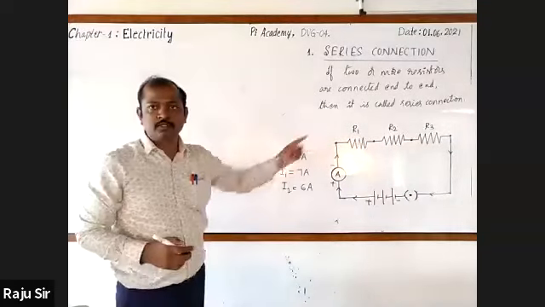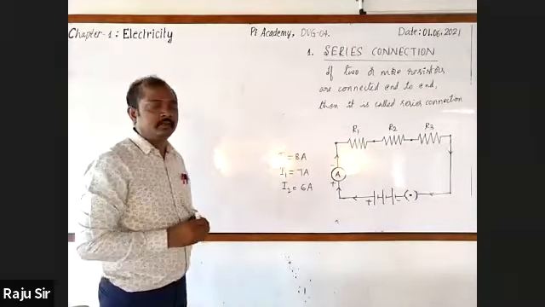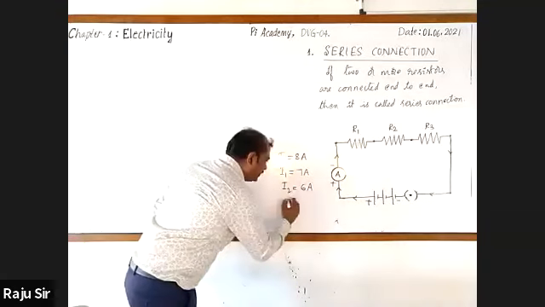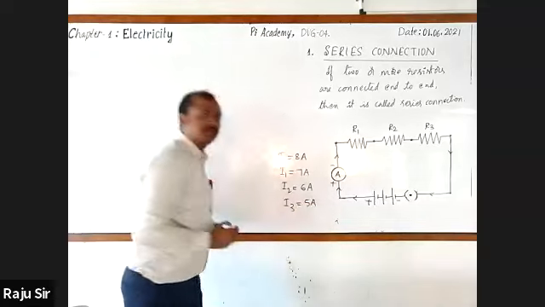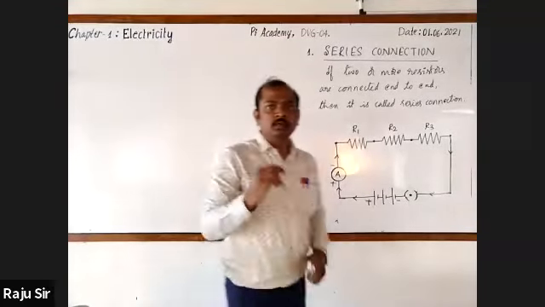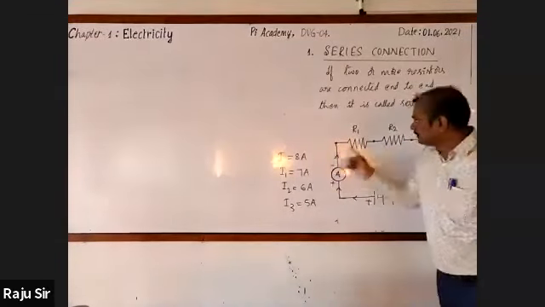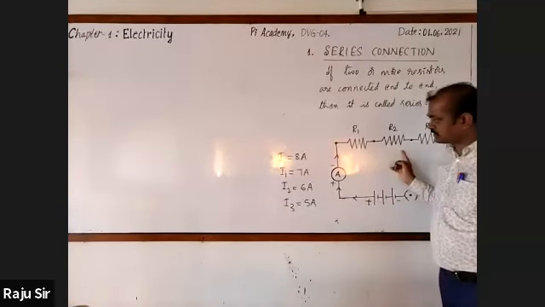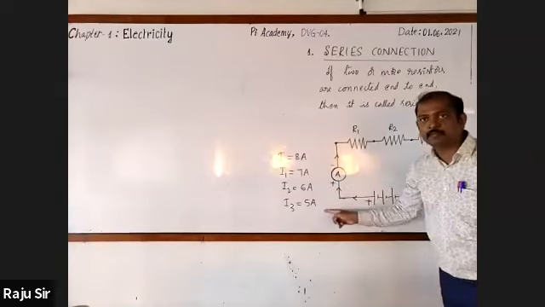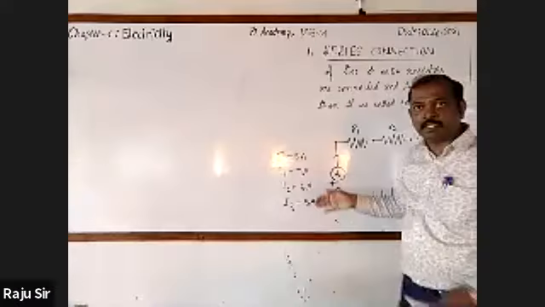Current flows. Record the ammeter reading. It is 5 amps. So from this, you can come to know that as the number of resistors in series is increased, the current is decreasing from one resistor to another. Decreasing.